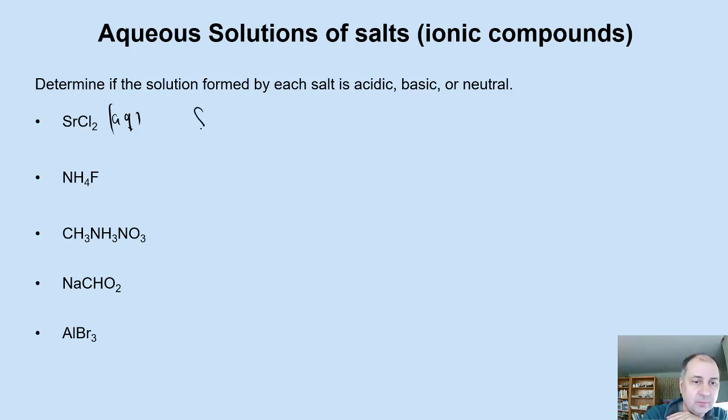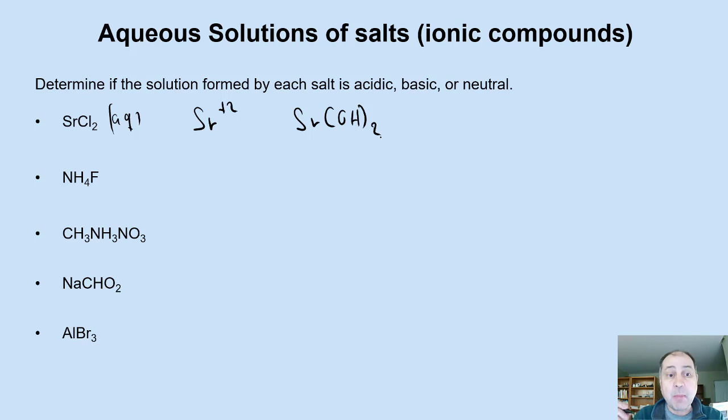So strontium, which has a +2, would actually be the source of strontium hydroxide. And strontium hydroxide, all soluble hydroxides, are strong bases. So it would be the source of a strong base, therefore wouldn't act as an acid.